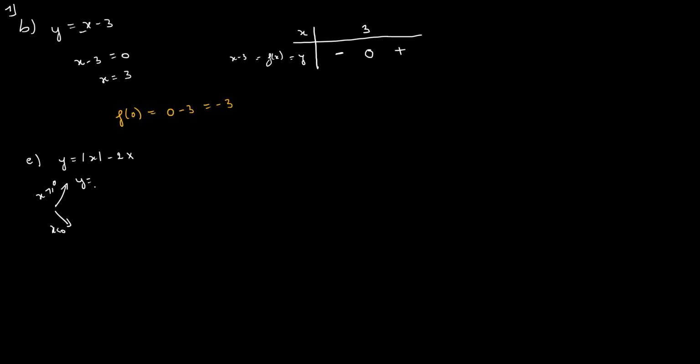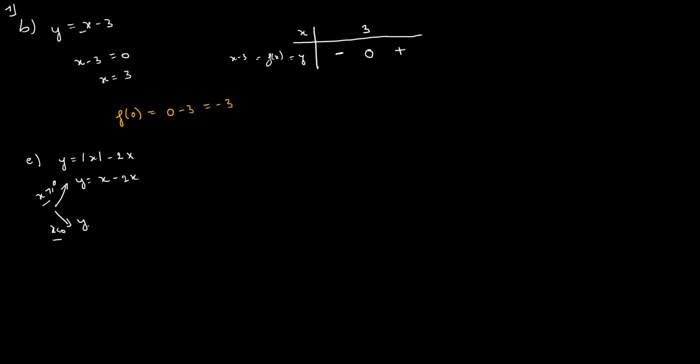In this case, you get x minus 2x, because it doesn't change, right? Because x is a number greater than 0. And really write these things down because they become relevant once we're investigating the sign. So let's have a look at the other side.